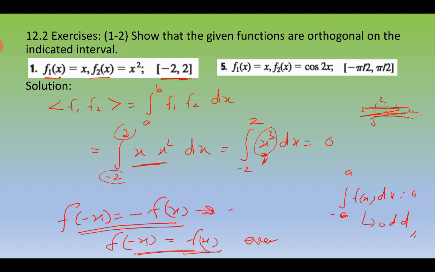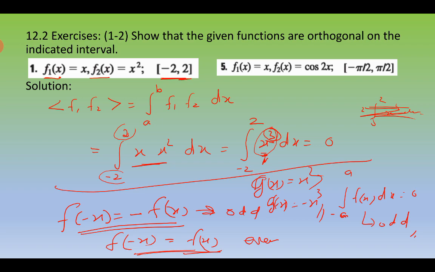So take g of x is x cubed. Replace x by negative x. g of negative x will be negative x cubed. So it is an odd function. The degree is odd, obviously. Okay, so this is simply verified. Now I'm going to the next problem, problem number 5, to verify.